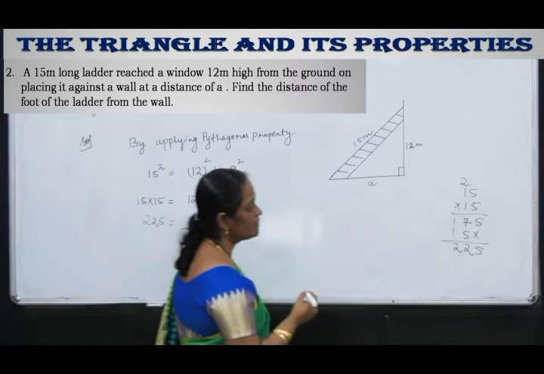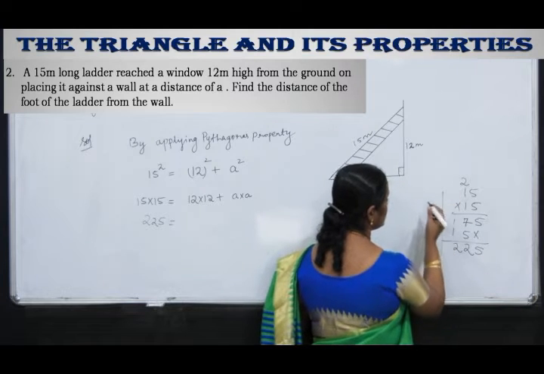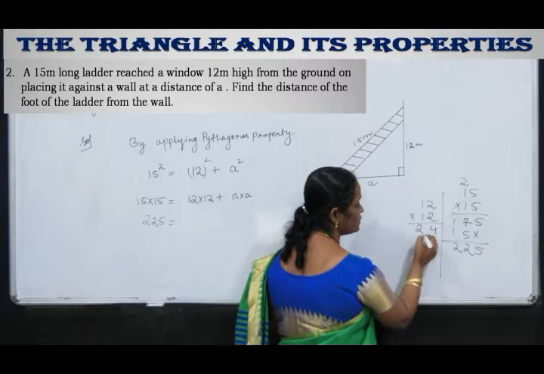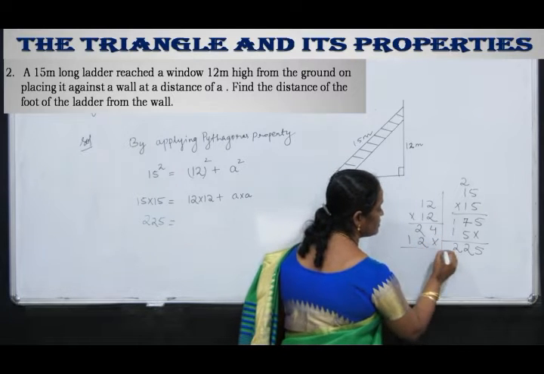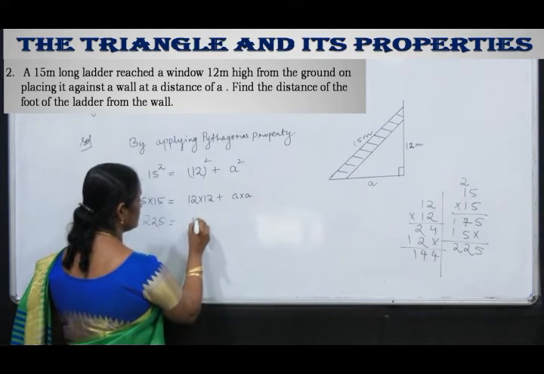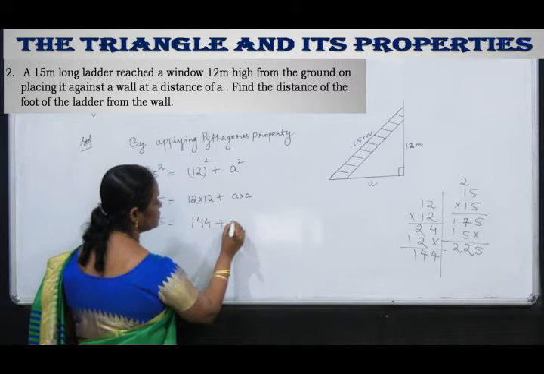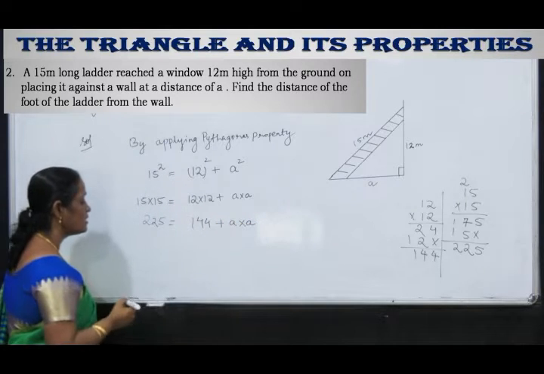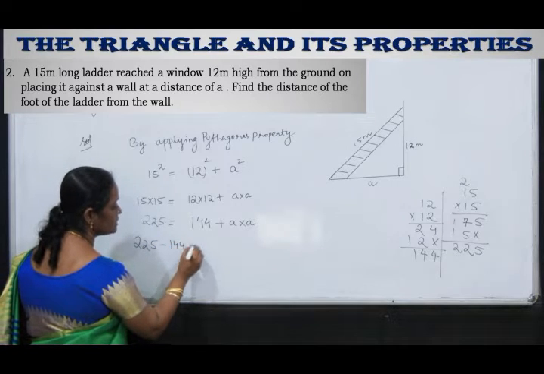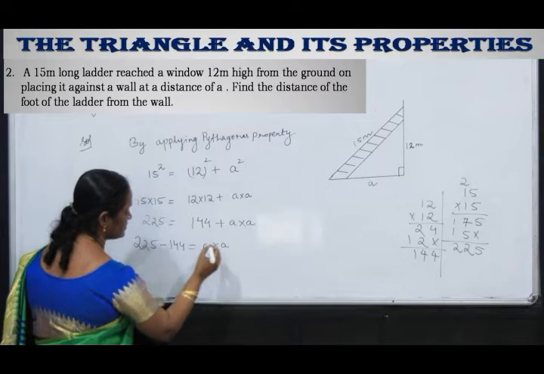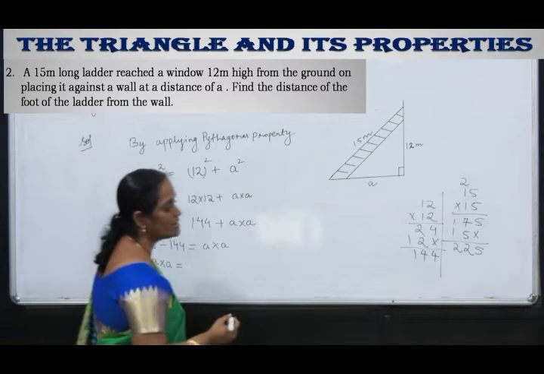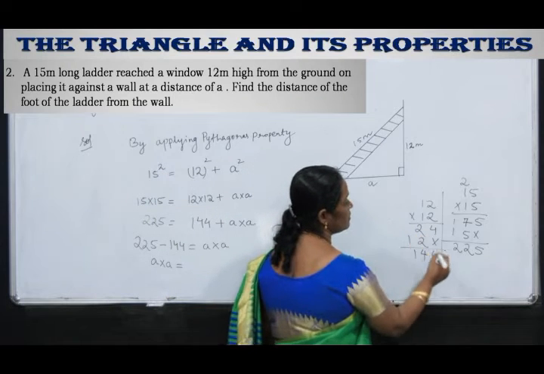Next 12 into 12: 2 2s are 4, 2 ones are 2, 1 2 is 2, 1 one is 1, 4, 2 plus 2 is 4, 144. Plus a into a, or a square. Now 225 minus 144 is equal to a into a, or a into a is equal to 225 minus 144.